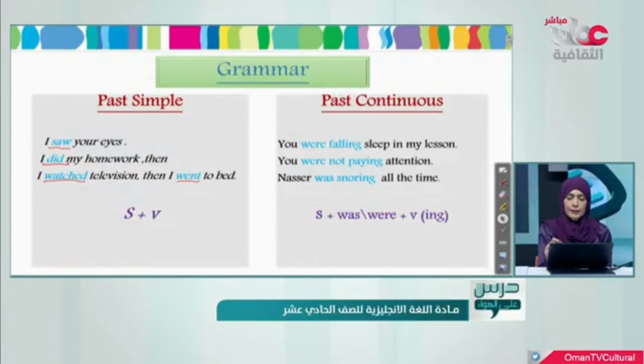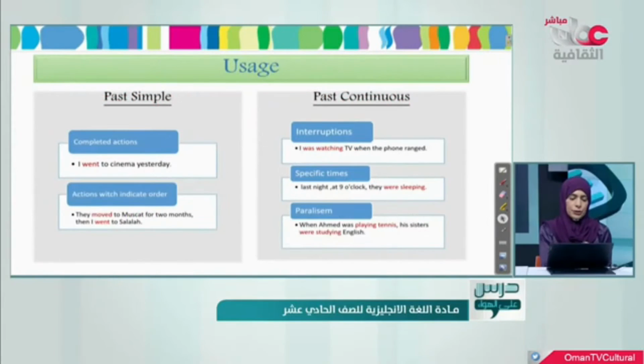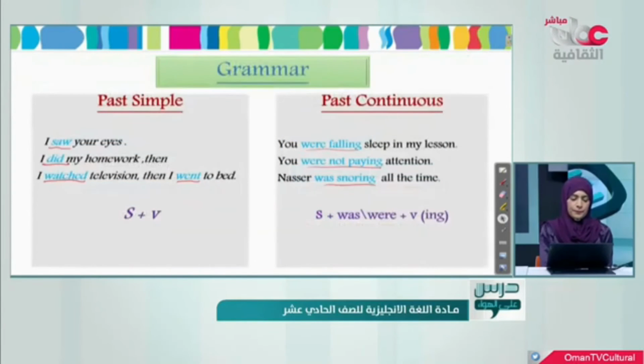Okay, look at the right side. You were falling asleep in my lesson. You were not paying attention. Nasser was snoring. Look at the kind of verbs that we have in each side.